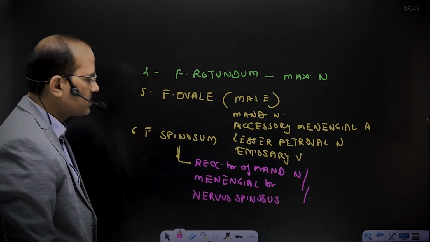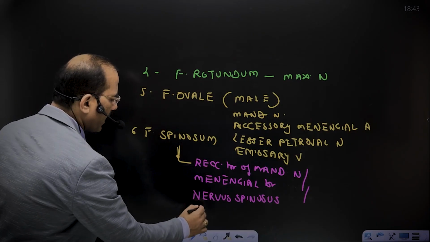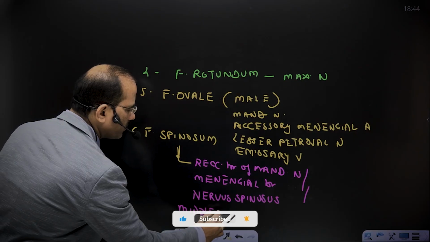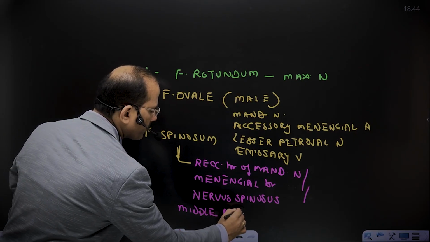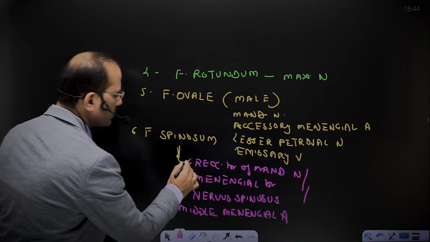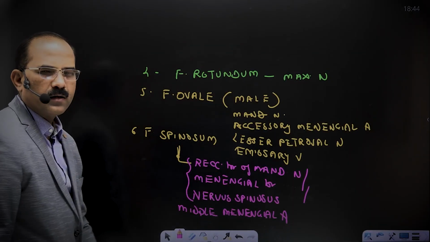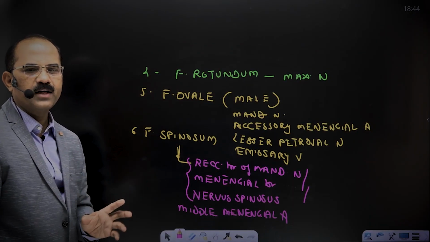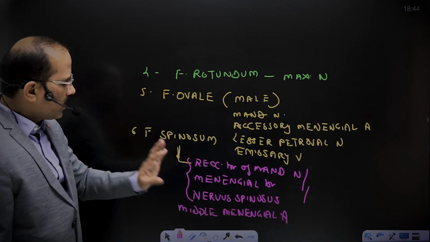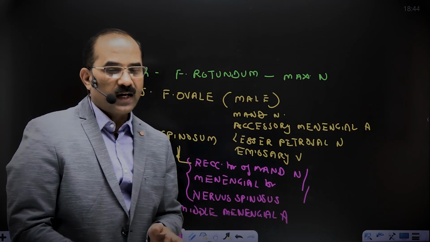And what else passes? Middle meningeal artery. So these three are the same one, different names for the same nerve: recurrent branch of mandibular nerve, or meningeal branch, or nervus spinosus. Same. And what else passes is the middle meningeal artery.